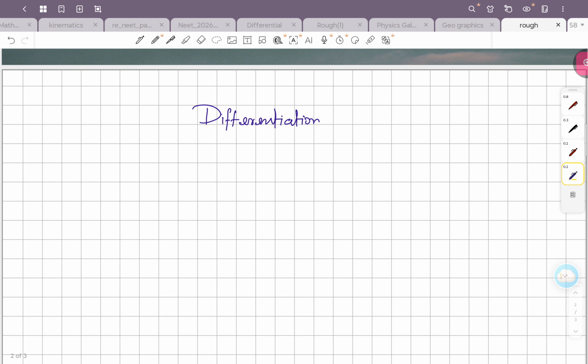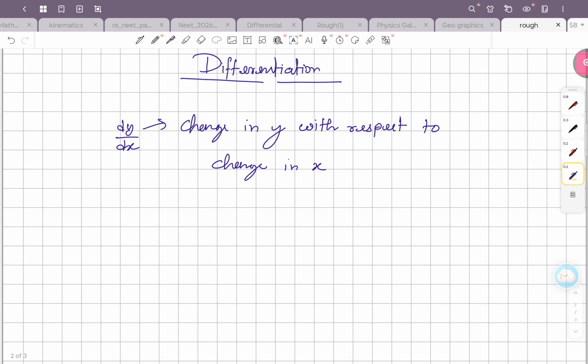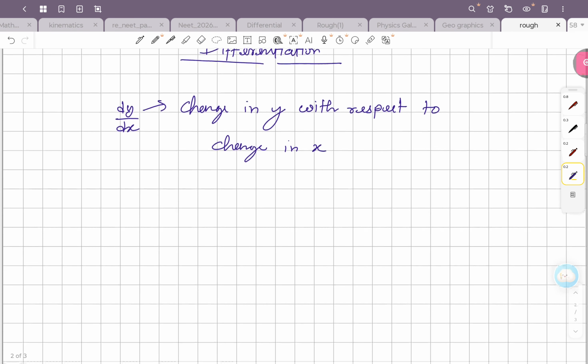Differentiation is denoted by dy by dx, and it represents the change in y with respect to the change in x.